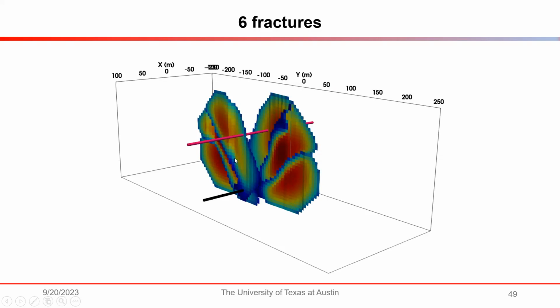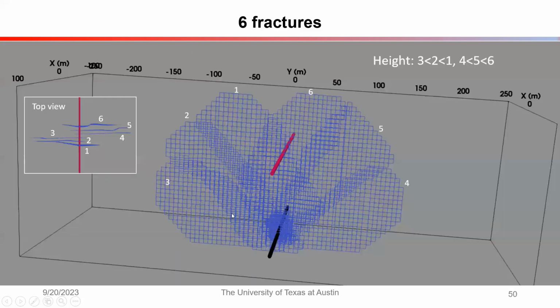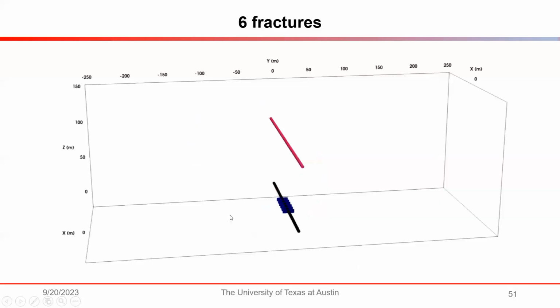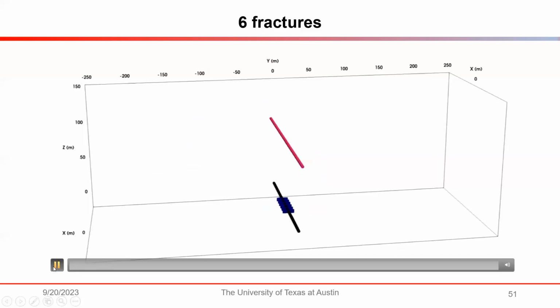And what you end up with is fractures that look like this, where you have a couple of these intersecting the 16B well, and the other fractures going off to the side to try to avoid the stress shadow created by these fractures. I can show you a movie of this one with the 6 fractures growing.